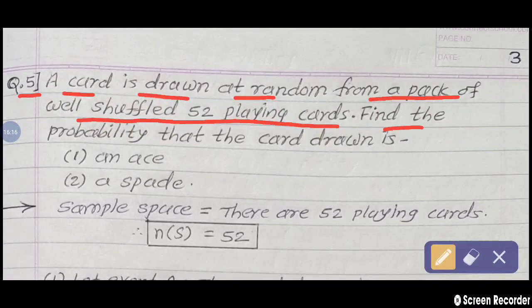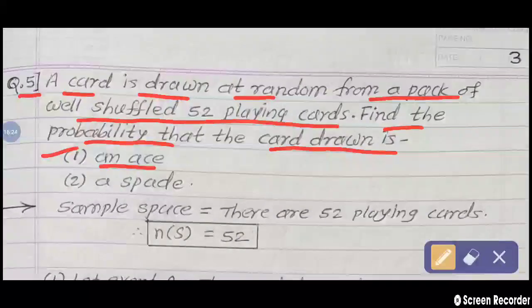Find the probability that the card drawn is, first event is given for us, an ace. What do you mean by ace? Number 1 bearing on the cards in each type of playing card. And second event given, a spade.